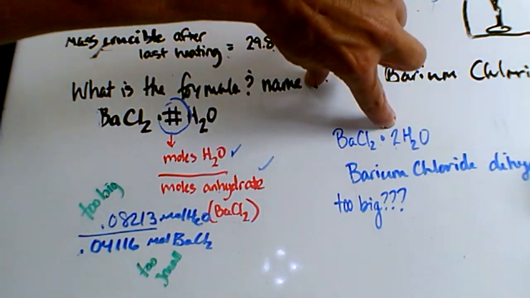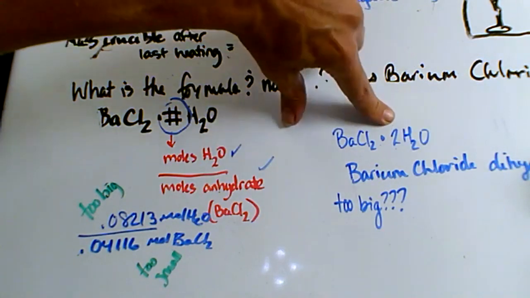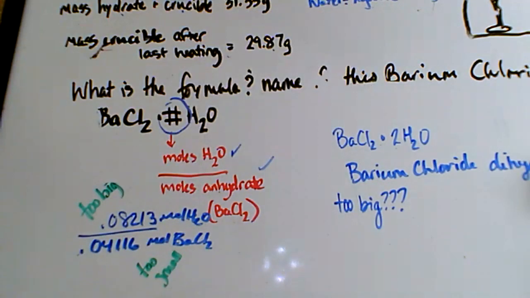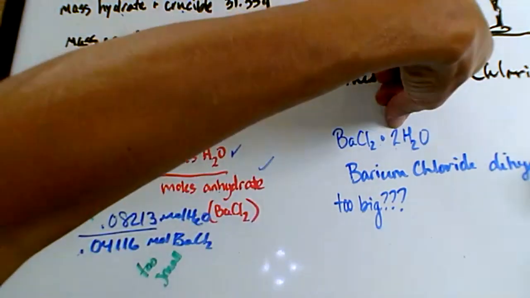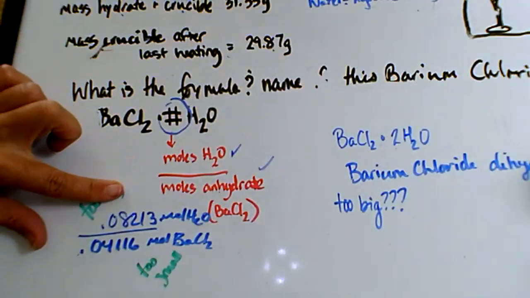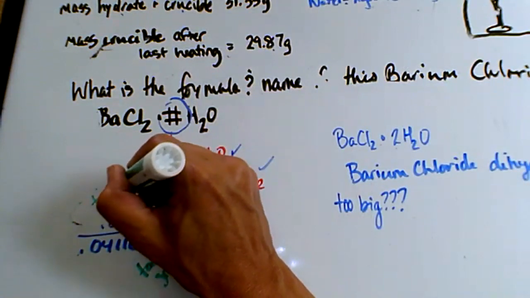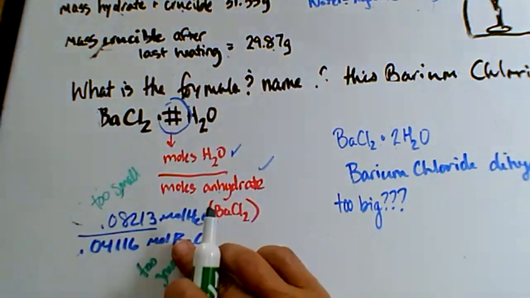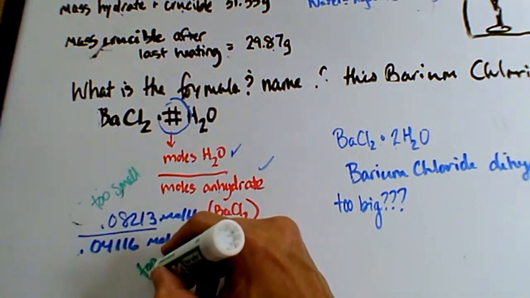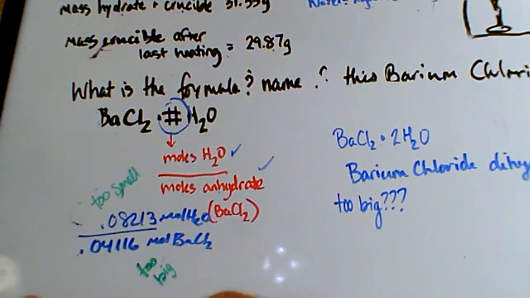You have got to be able to make these claims and to support them. If this number had been too small, then we would see that the water amount was either too small and or the barium chloride amount was too big.